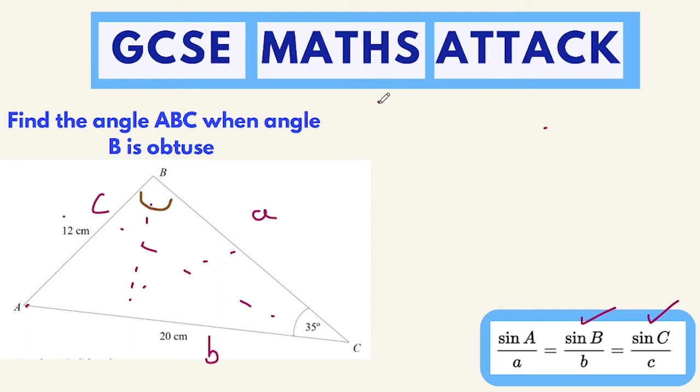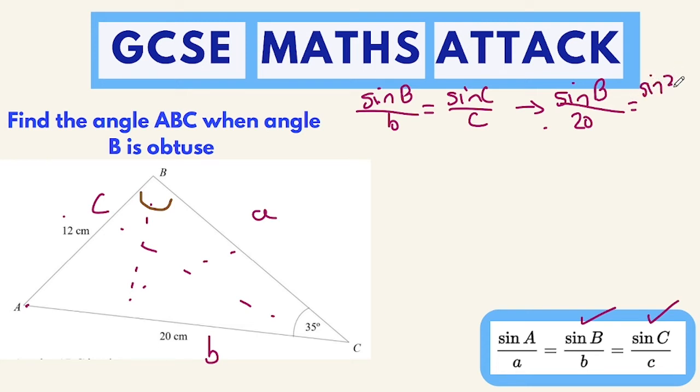Let me quickly rewrite that: sine B over B equals sine C over C. If I substitute the numbers, I would get sine B over 20 equals sine C, which we know is 35, all over 12.